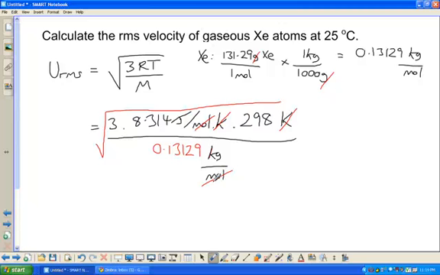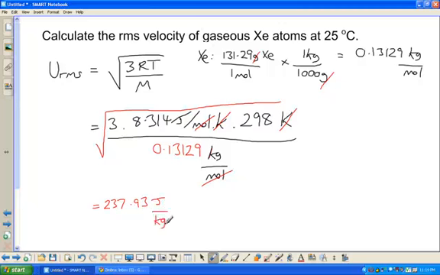Now, if we calculate all that out, what we get is 237.93 joules per kilogram.